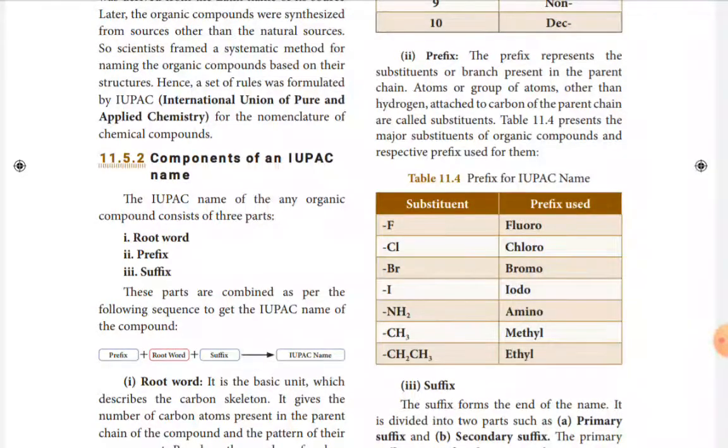Then suffix is the phrase after the root word, that is the end of the name of the organic compound. So root word is obtained from the carbon skeleton, prefix is obtained from the substituent or branch attached to the carbon, and suffix is the end of the name, normally obtained from the functional group.